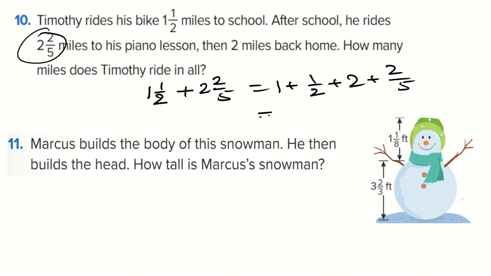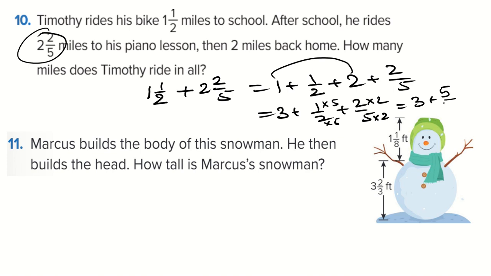So this is 1 plus 2, 3, plus half plus 2 over 5. You can do like the same question like before I told you. Multiply by 2, multiply by 2. Here multiply by 5 and multiply by 5. So this is 3 plus 5 over 10 plus 4 over 10. So 5 and 4, 9. So answer will be 3 whole 9 over 10.